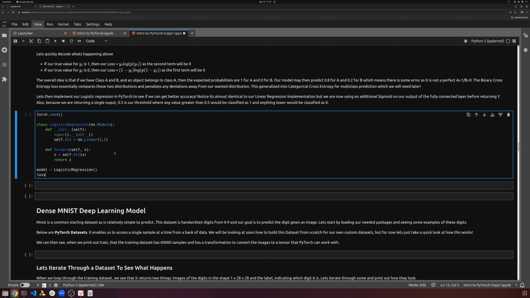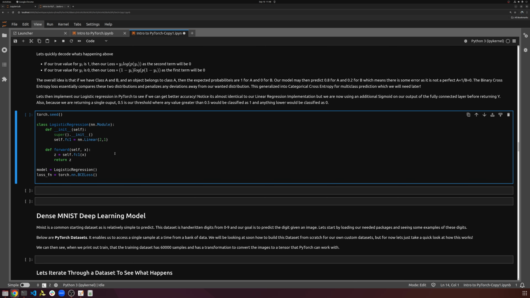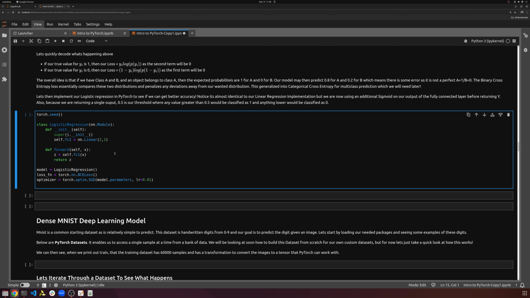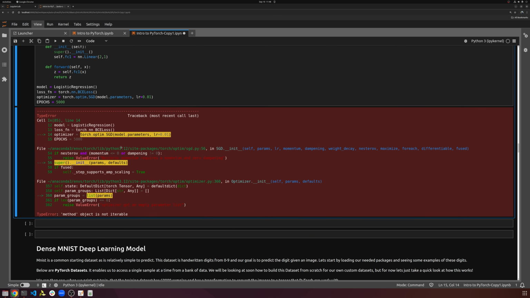And our loss function is torch.nn.BCELoss, our binary cross entropy loss, the one that I keep mentioning. Our optimizer is going to be torch.optim.SGD. Again, we want to train model.parameters, and the learning rate is 0.01. And epochs equals 5,000. This is our setup.